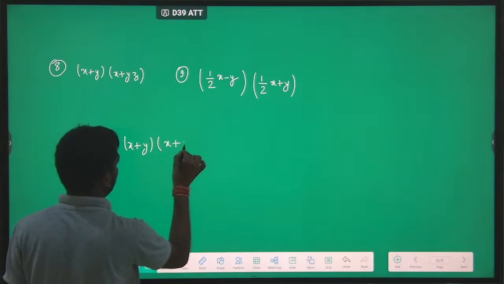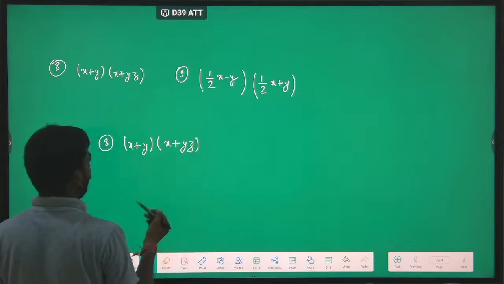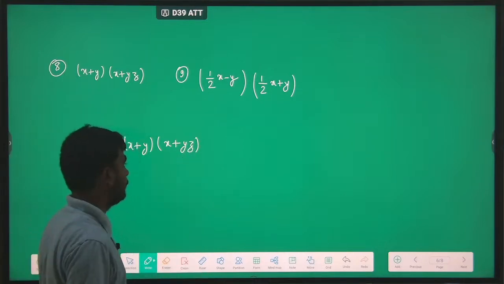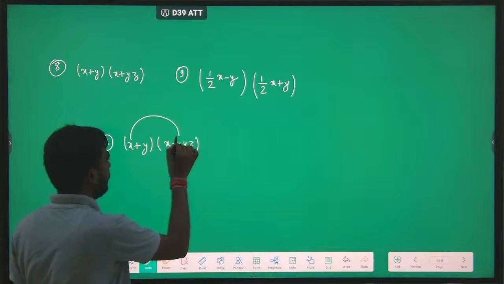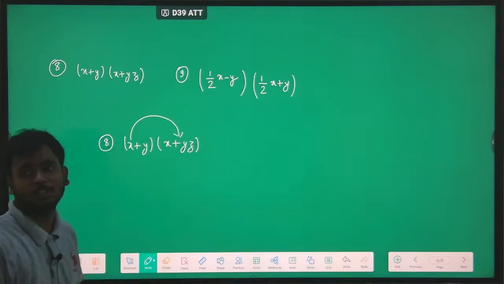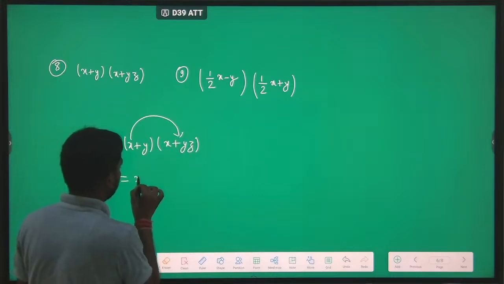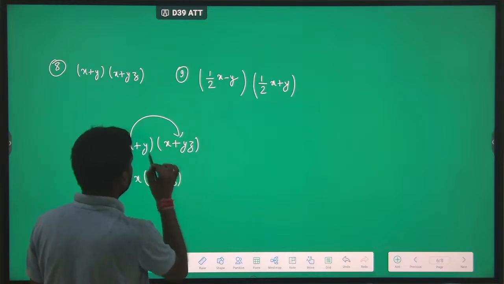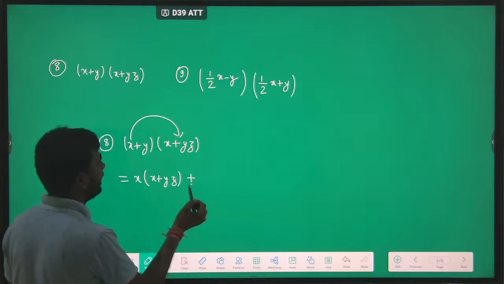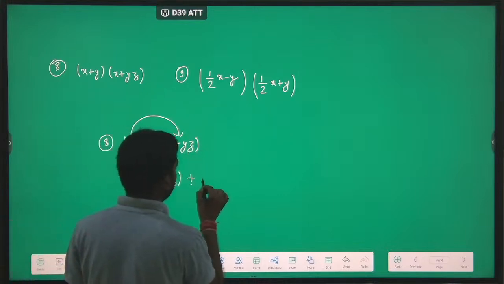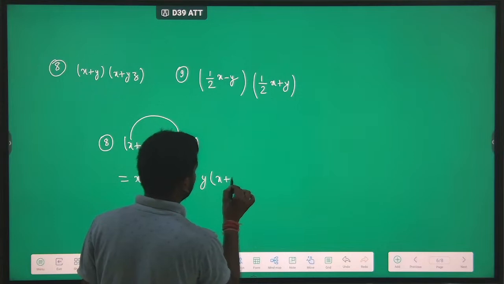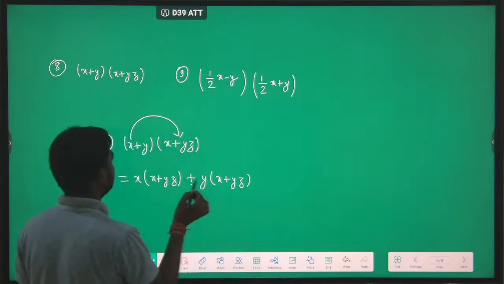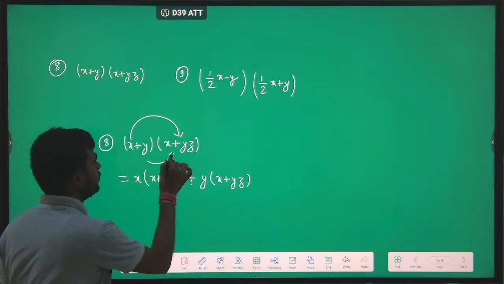This x will be multiplied with whole x plus yz. Similarly, this addition sign will be taken and this y will be multiplied with whole x plus yz. This way we will solve our question.